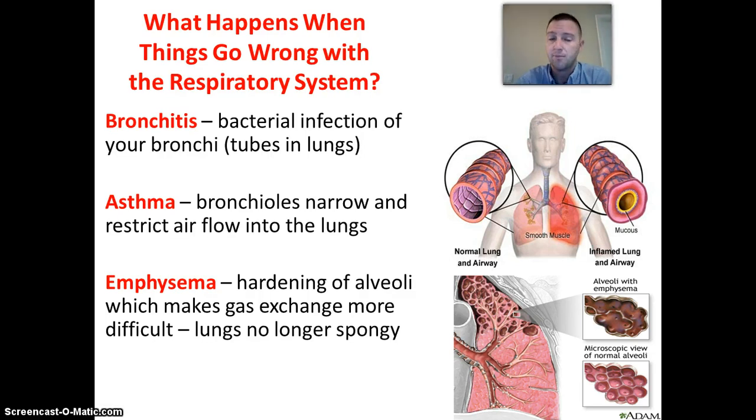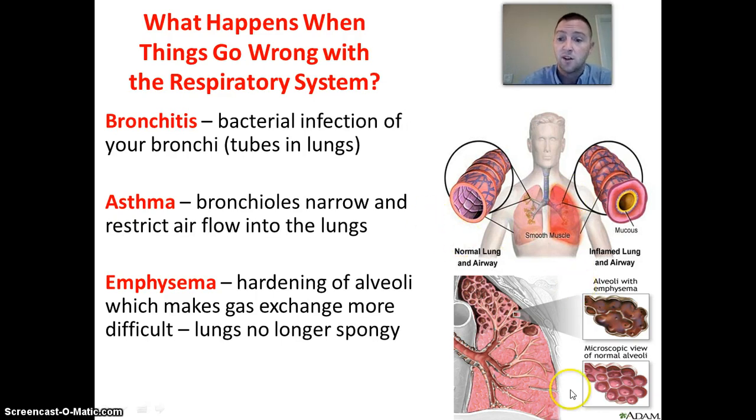Another respiratory disorder is emphysema. Happens often when people smoke or are in difficult environments where there's lots of stuff in the air, like firefighters sometimes get emphysema, factory workers in the old days used to get emphysema. My grandfather had emphysema from working in a tire factory.